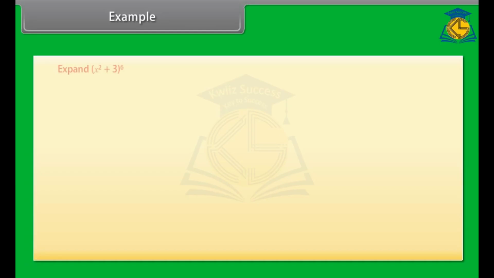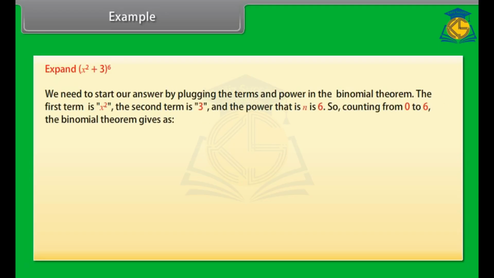Example: expand (x square plus 3) raised to power 6. We need to start our answer by plugging the terms and power into the binomial theorem. The first term is x square, the second term is 3, and the power, that is n, is 6.